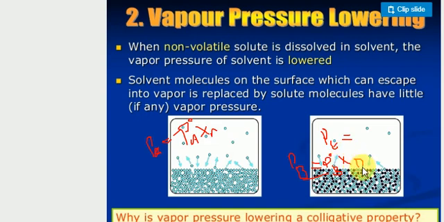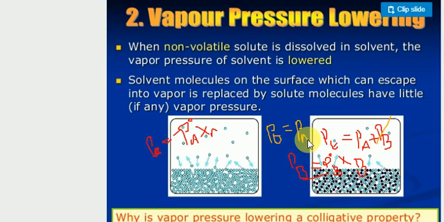P total is equal to PA plus PB. You know very well, just remember one point: the solute is non-volatile, so it cannot produce any vapor pressure, so that term can be cancelled. So P total is equal to PA. I mentioned clearly, P total depends only on the vapor pressure of the solvent.